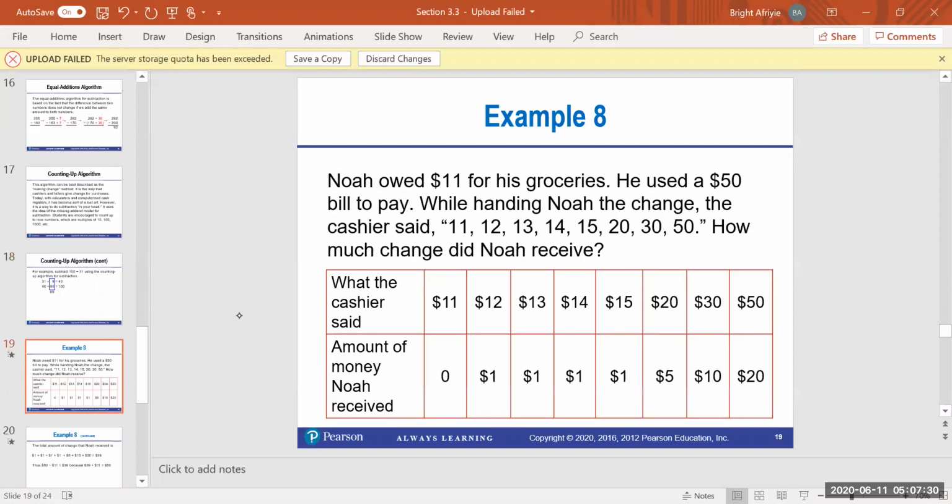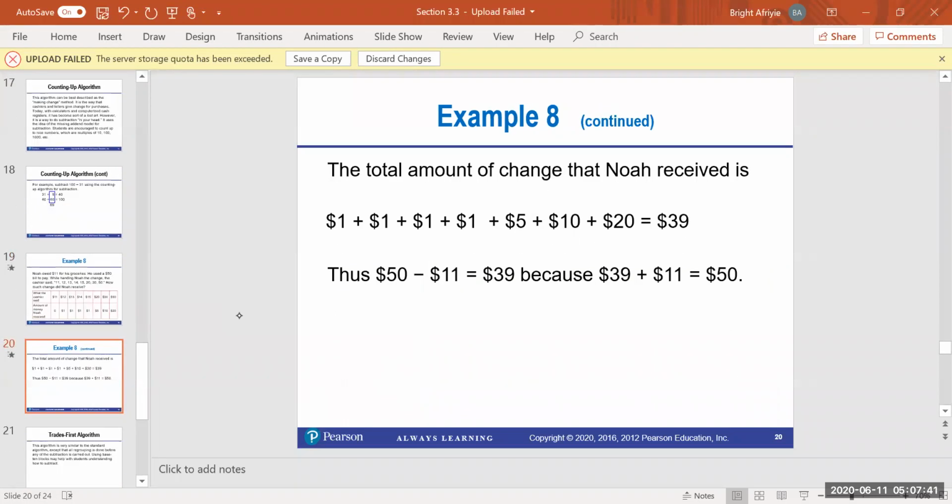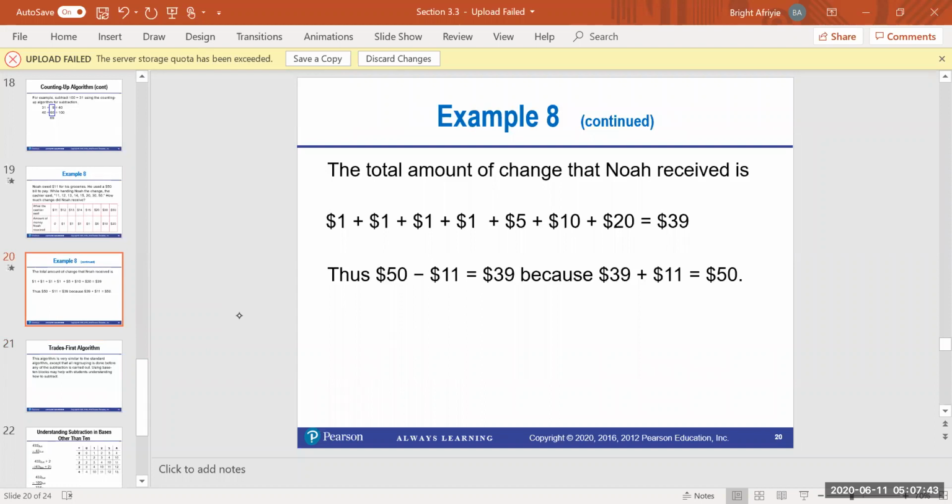Here, Noah owed this, and how much change did Noah receive? At the end of the day, you will realize you come up with the subtraction, and Noah should receive a change of $39. Okay, nice.